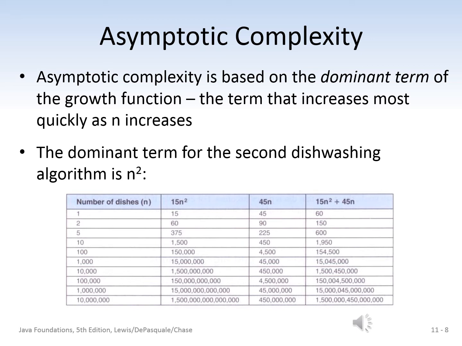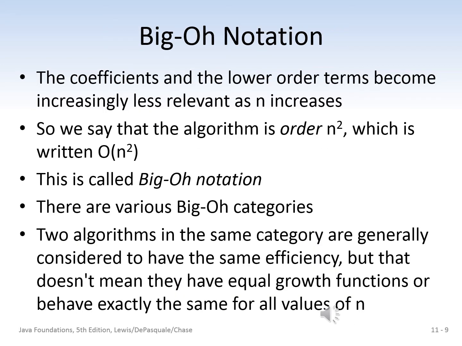So obviously n squared is going to increase more rapidly than n, and n cubed more than n squared, etc. So in this table you'll see as n increases, 15n squared, the dominant term when analyzing asymptotic complexity, increases much more rapidly than 45n. The coefficients and the lower order terms become much less relevant as n increases.